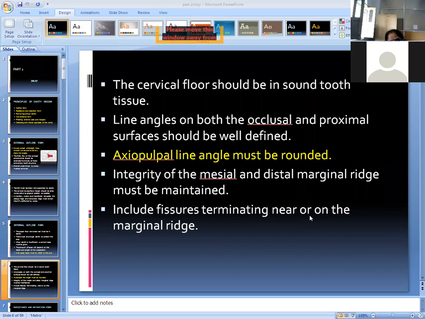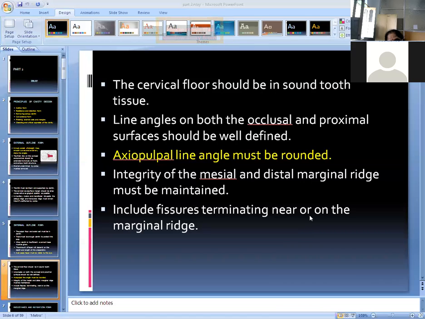The integrity of the mesial and distal marginal ridges has to be maintained throughout, because the strongest tooth structure is there and you should try to maintain that. Like the oblique ridge and even the marginal ridges, whether mesial or distal.